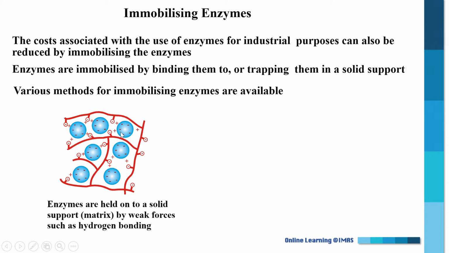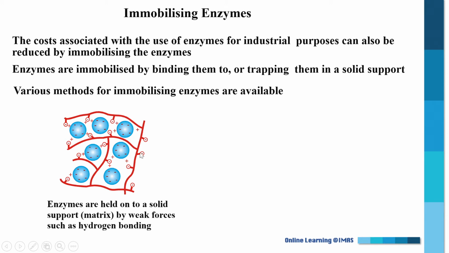I will create hydrogen bonds or ionic bonds between my enzyme and my support, so my enzyme will be trapped. My enzyme will be binding to this support and I can reuse it many times. So the enzymes here are held on a solid support matrix by weak forces such as hydrogen bonding.